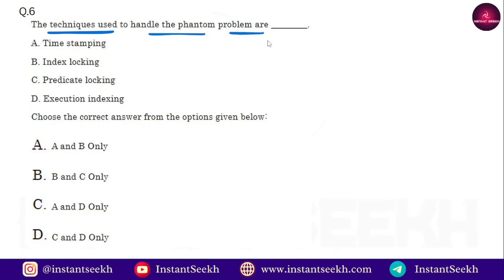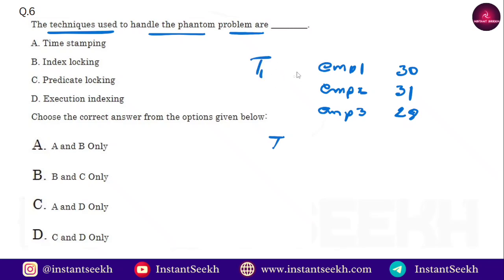Let's say you have records: emp1 age is 30, emp2 age is 31, emp3 age is 28. Transaction T1 fires a select query, and another transaction T2 is inserting a record.